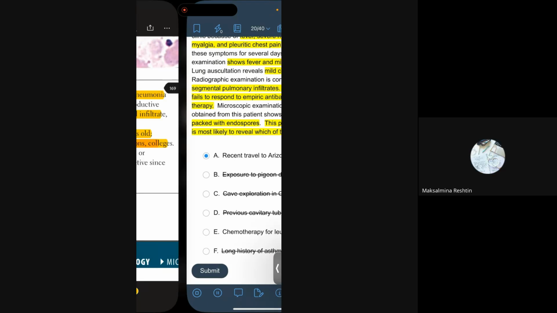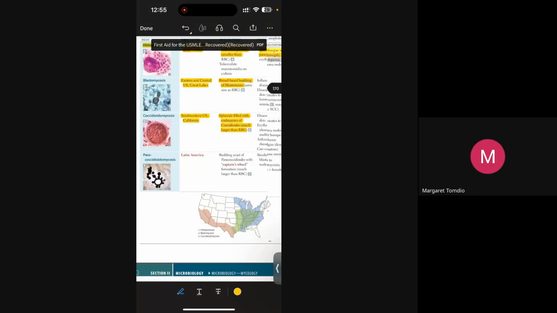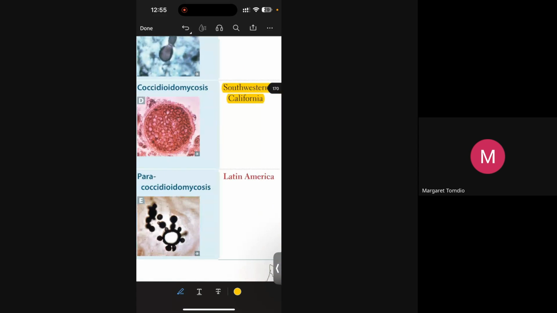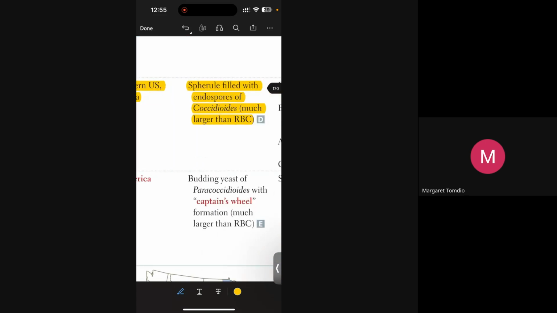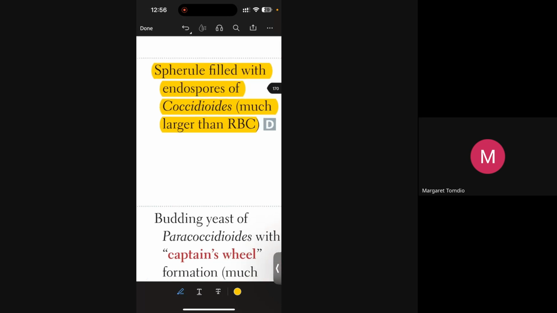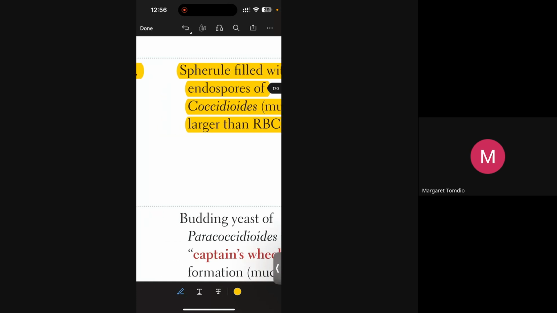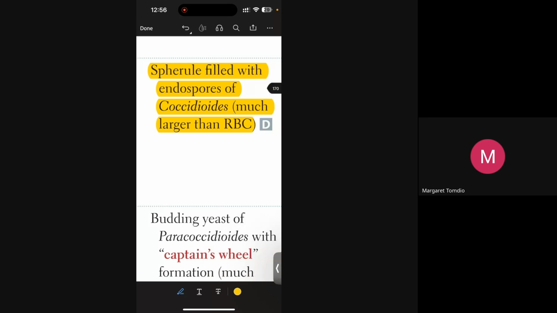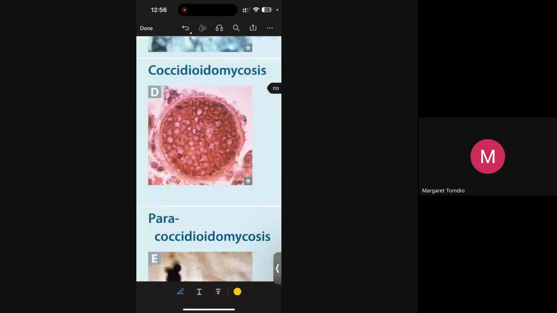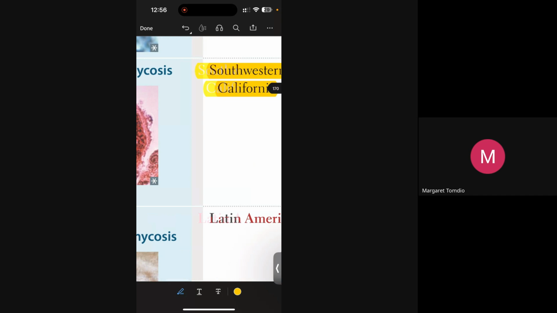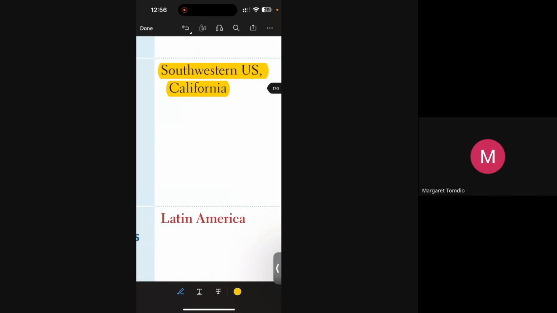Because the question clearly tells us there are spherules filled with endospores, which is most consistent with Coccidioides. Coccidioidomycosis is an endemic infection, most common in the southwestern US and California.